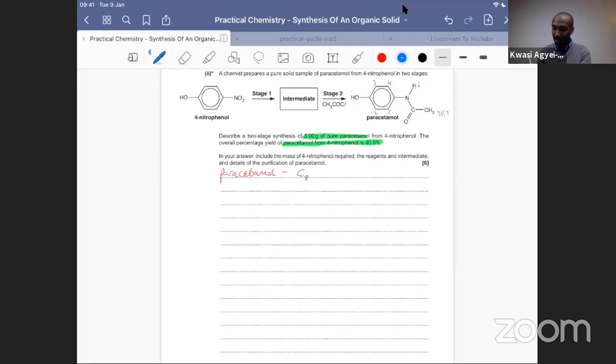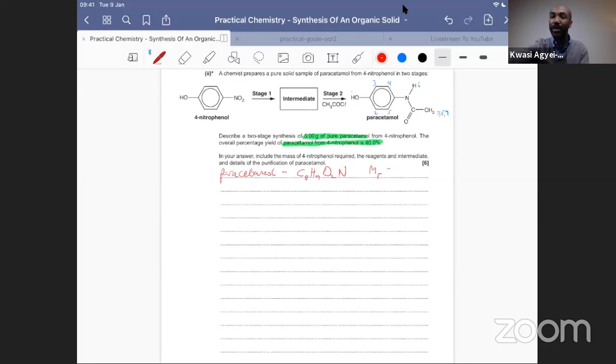So there are 9 hydrogens, H9, and we've got 2 oxygens, and 1 nitrogen. That is our molecular formula for paracetamol.